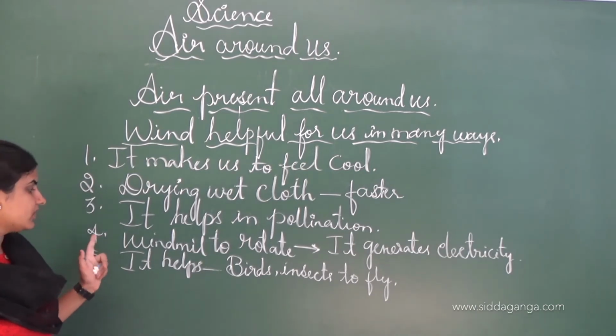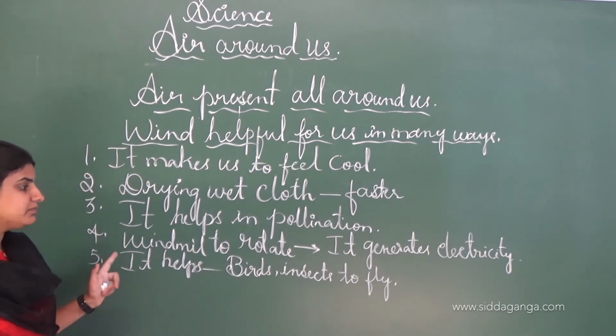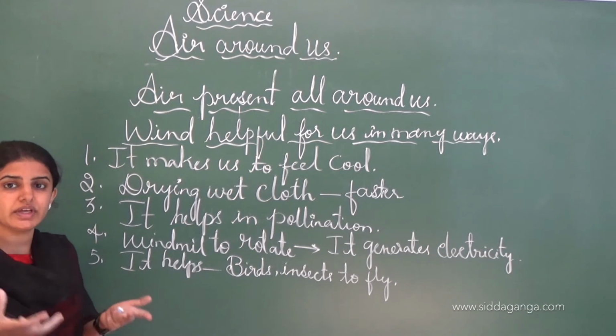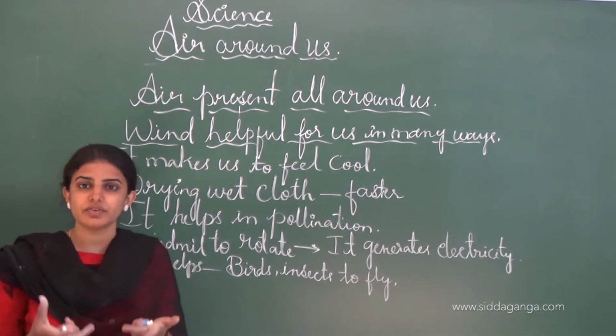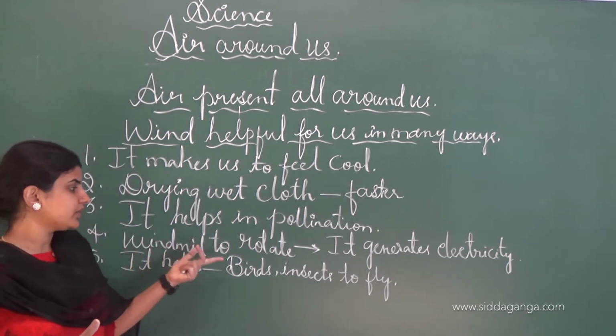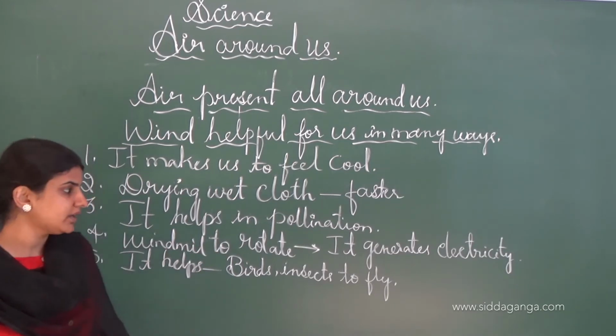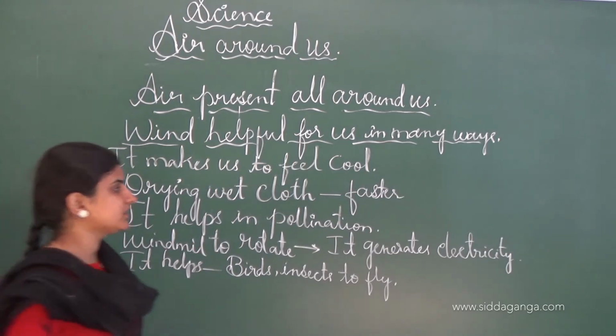Next one is the windmill helps to rotate. With the help of air or the wind only, the windmill will rotate. The blades of the windmill rotate, and it generates electricity.